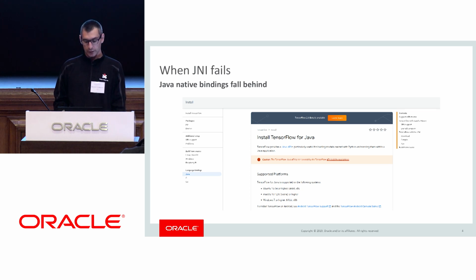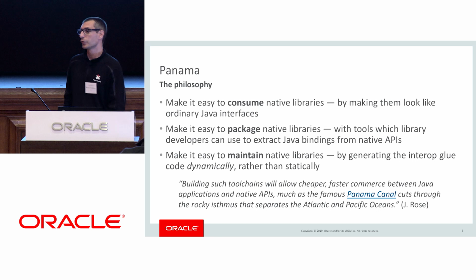How do we solve this? Well, Panama wants to maintain the simplicity for developers in accessing native libraries. And in fairness, native methods are not hard to use for a user once somebody has made the JNI bindings available to them. But Panama wants to dramatically improve the ease of generating native bindings.